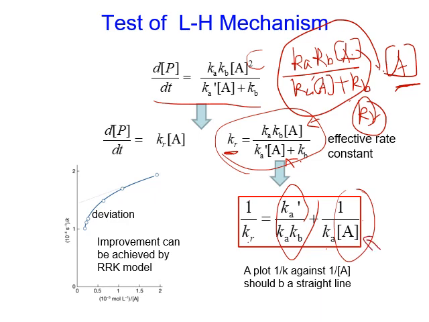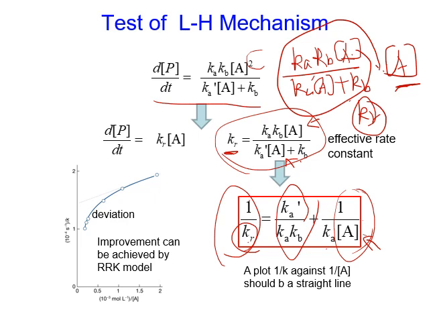The concentration depends on the pressure of the gas in a gas system. If we measure the effective rate constant as a function of A, then this equation suggests that 1 over Kr versus 1 over A is a linear relation.